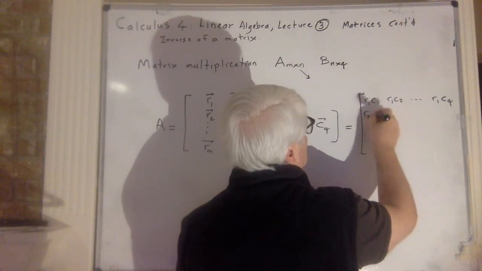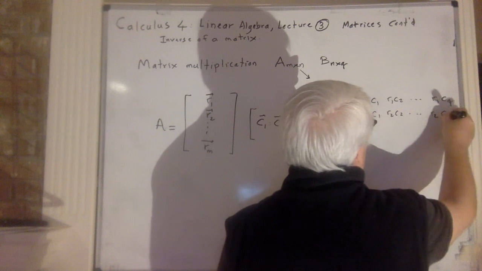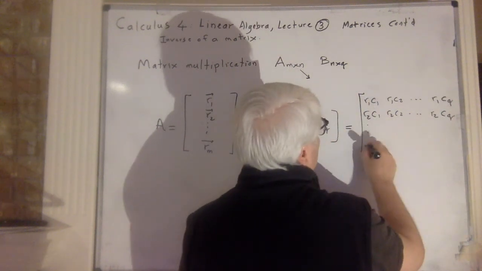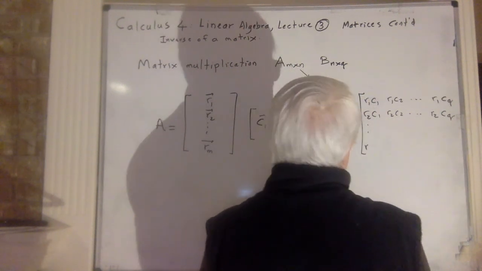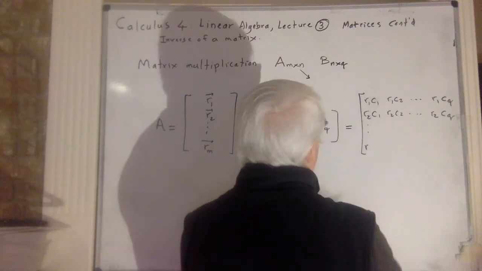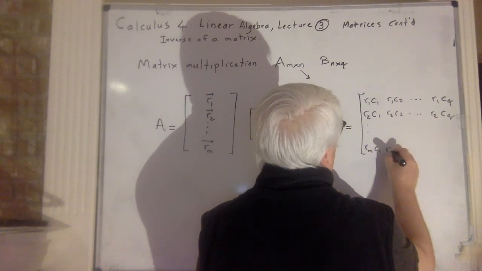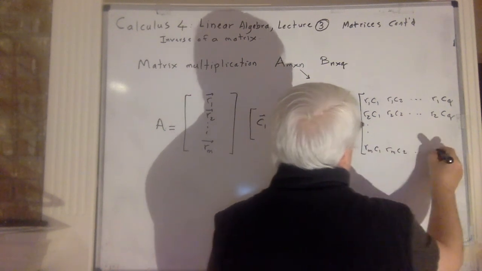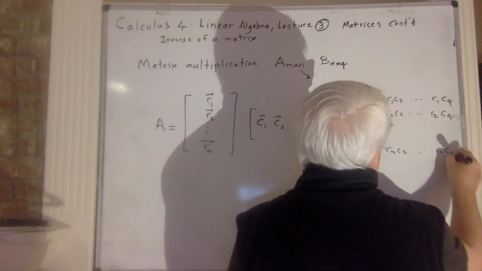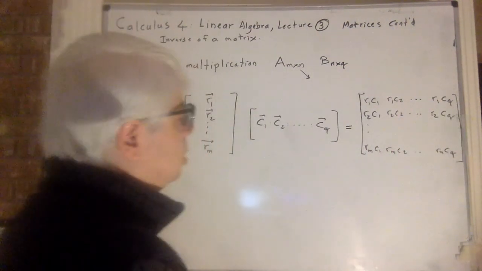Then R2C1, R2C2, R2CQ, up to RM, C1, RM, C2, up to RM, CQ. And that is the result.